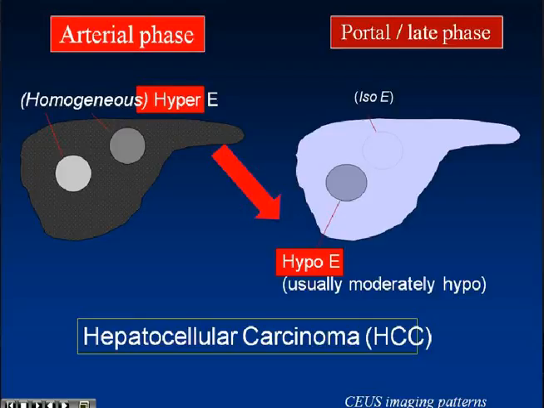And this is how the lesion should behave. Hyperenhancement in the arterial phase and then transition to hypoenhancement, which, however, is only moderate. You nearly never see that dark appearance in the late phase. We don't know why exactly, but this is only moderate.